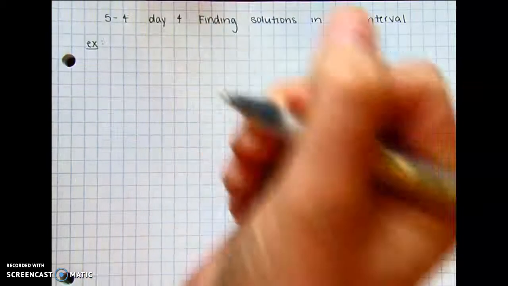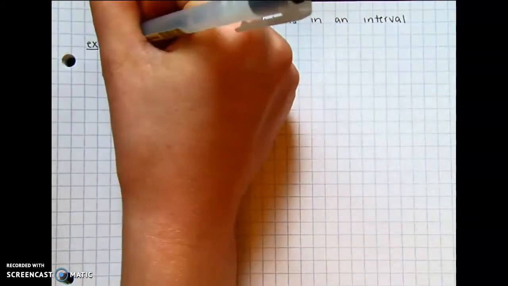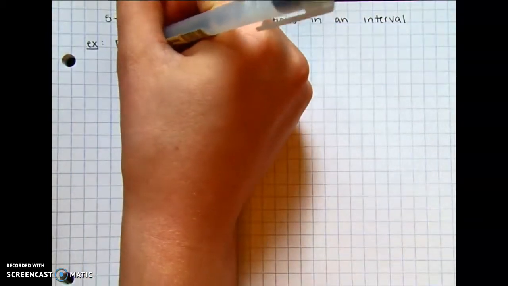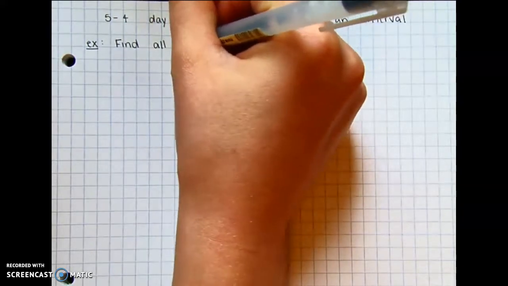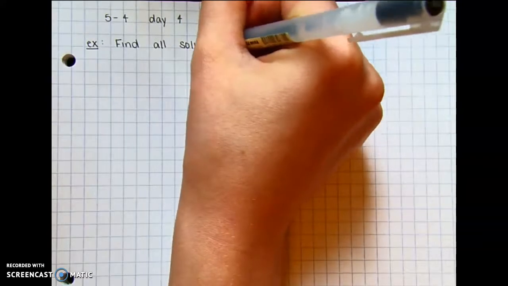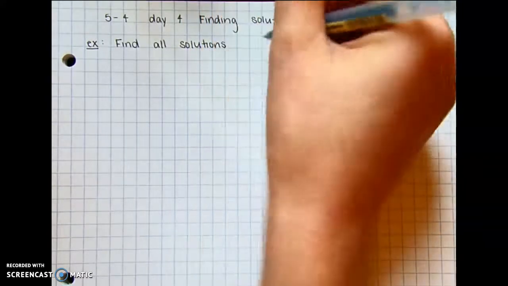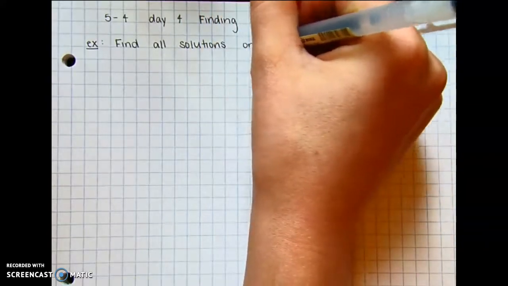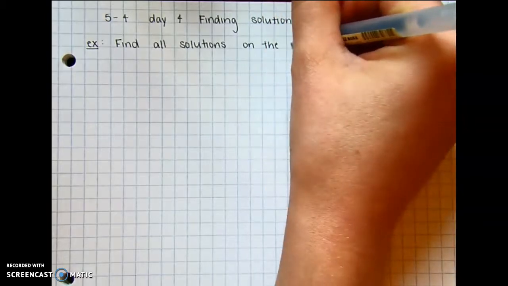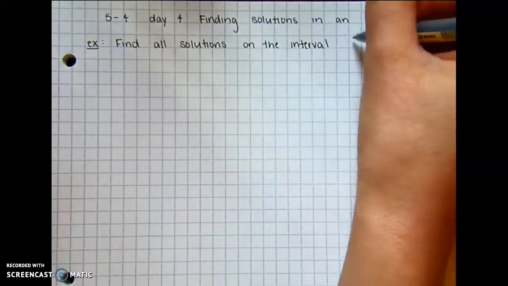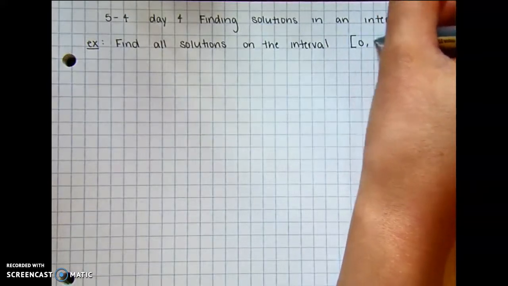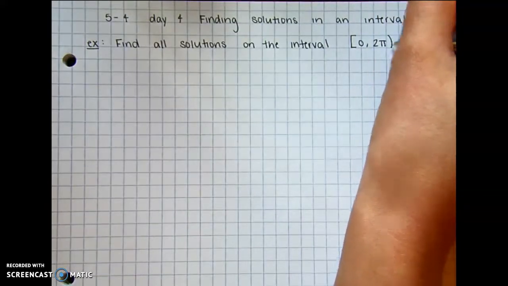So we're just going to do one example. Find all solutions on the interval [0, 2 pi).